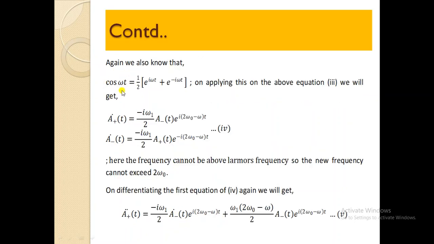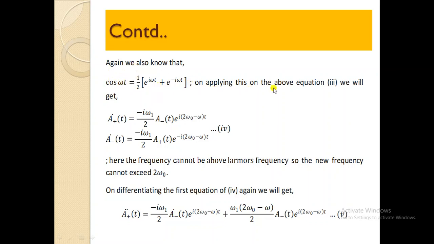Again, we also know the expansion of cos x. Cos x equals e to the power ix plus e to the power minus ix upon 2. So here we have done that.